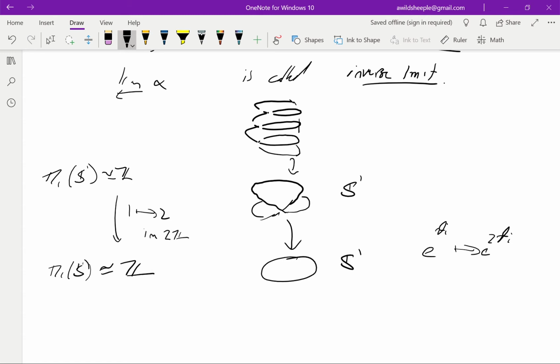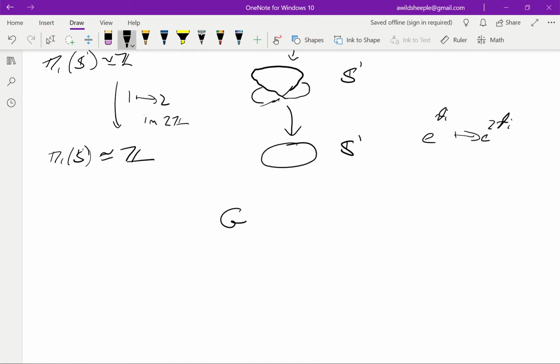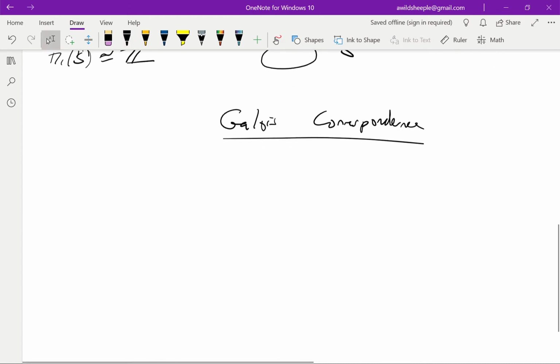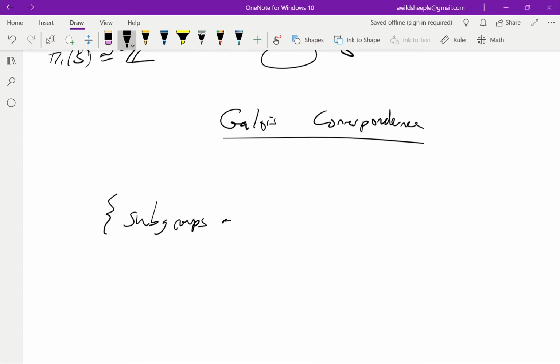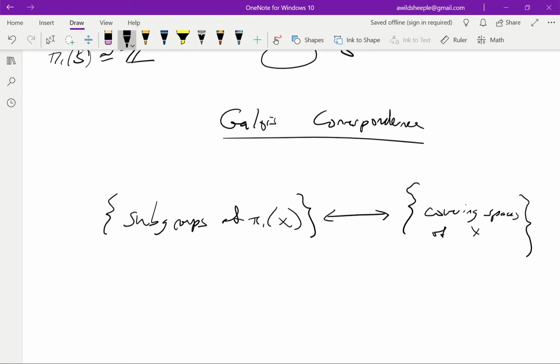So here's an interesting question then. We know that we have this Galois correspondence. I'll write it on the board to remind you. What it says is that subgroups of the fundamental group of a sufficiently nice space with base points, yada yada, not going to worry about the conditions you need, correspond to covering spaces of the given space.